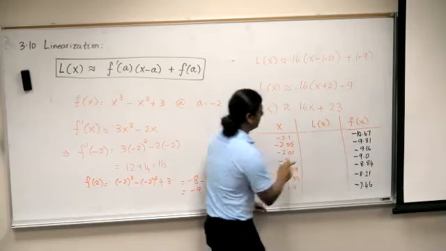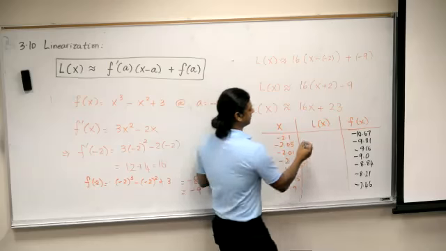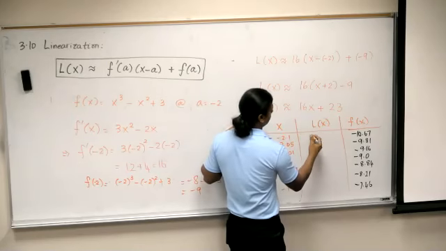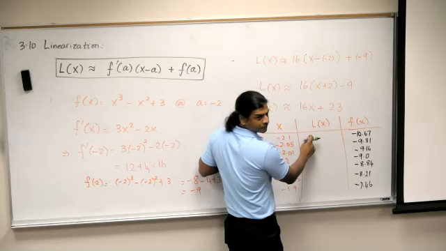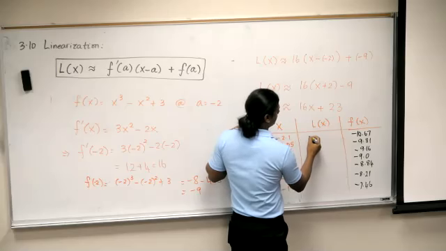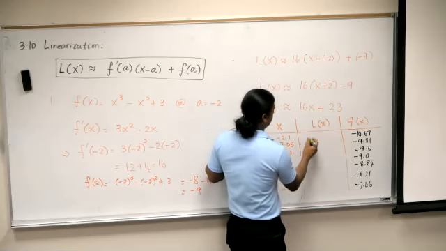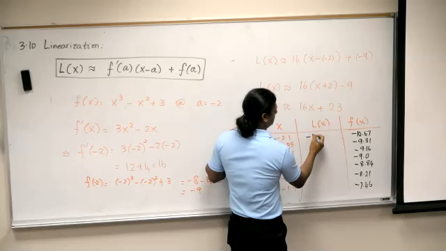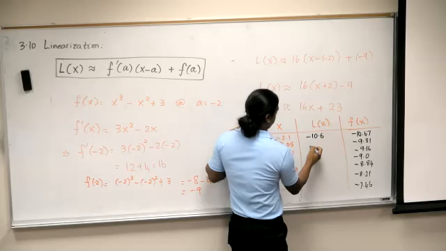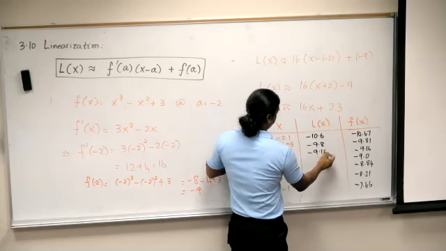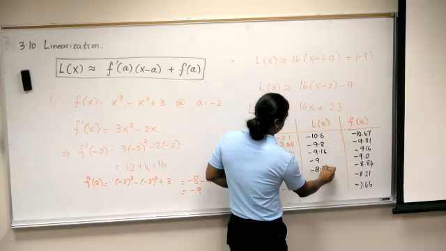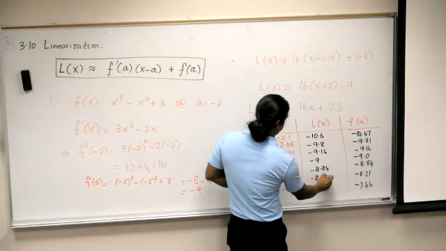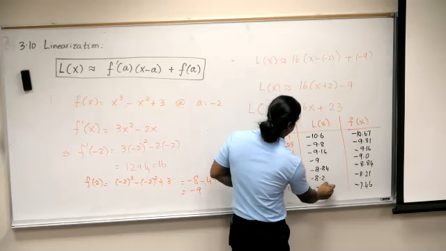Over here, they don't give you two decimal places, they gave you one decimal place: negative 10.6, negative 9.8, negative 9.16, negative 9, negative 8.84, negative 8.2, and negative 7.4.